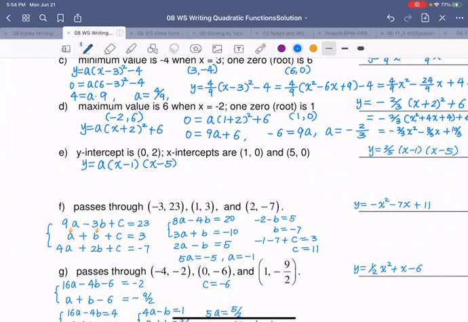Do I use the y-intercept and plug it in? Yes, let's try. 2 equals a times (0 minus 1) times (0 minus 5). 0 minus 1 is -1, 0 minus 5 is -5.